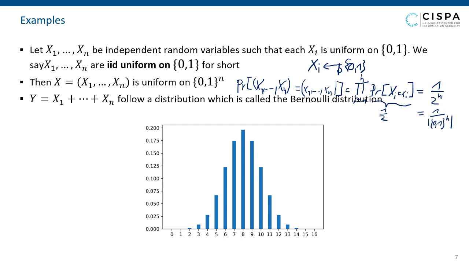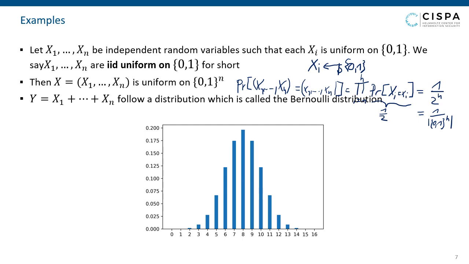Now we can perform a different operation on these x1 to xn. For instance, take the sum. So let's define y as the sum of x1 to xn. Then this y follows a distribution which we call the binomial distribution.